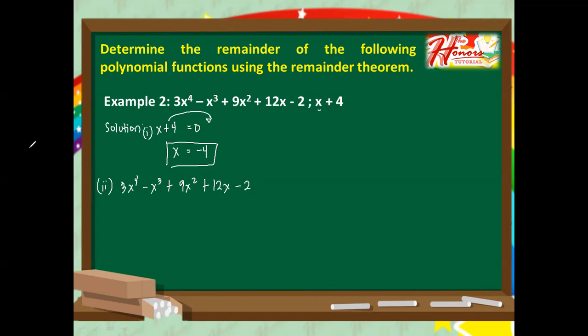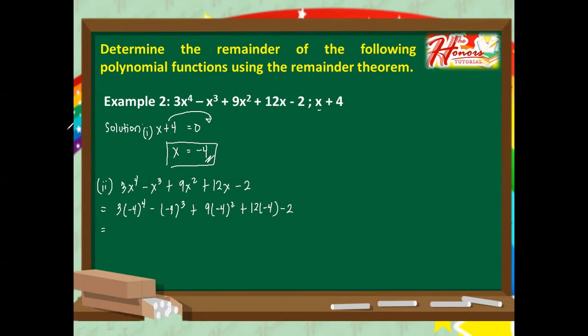And then the next thing you have to do is to substitute the value of x, which is negative 4. So we have 3 times negative 4 raised to 4 minus negative 4 raised to 3 plus 9 times negative 4 raised to 2 plus 12 times negative 4 minus 2.